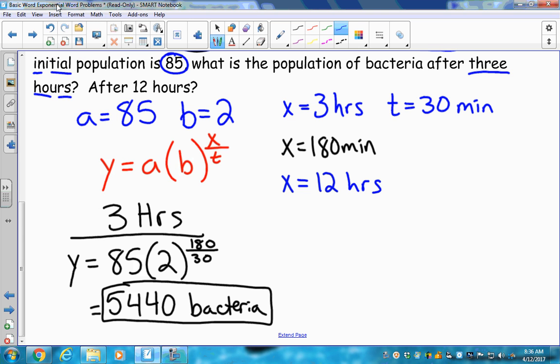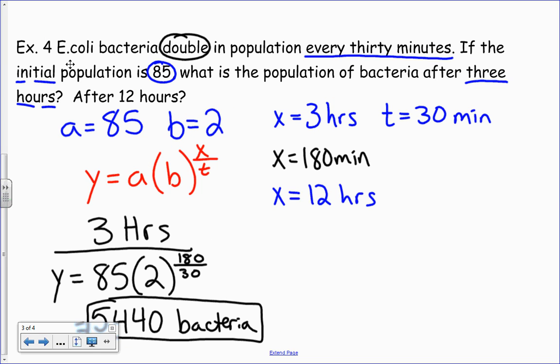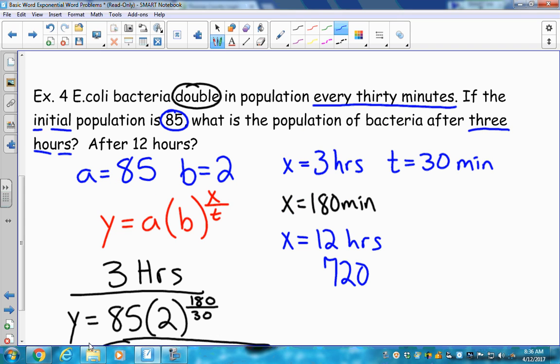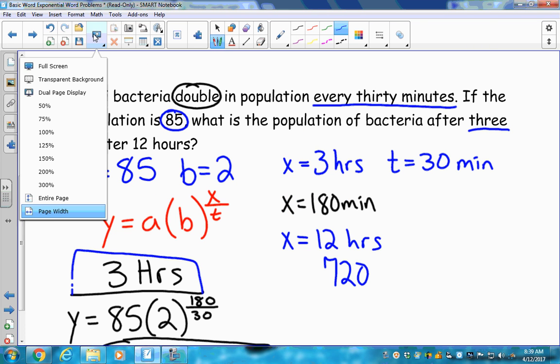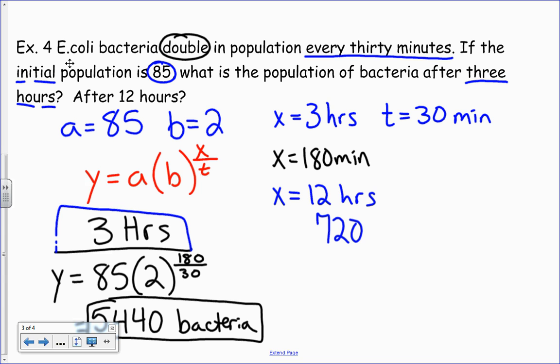We're going to convert 12 hours into minutes, so we take 12 and multiply by 60. So 12 hours is 720 minutes.